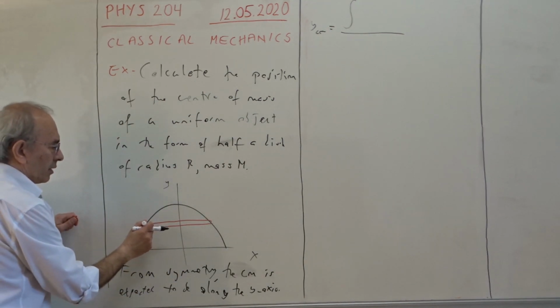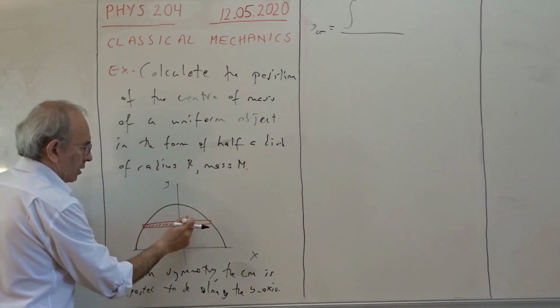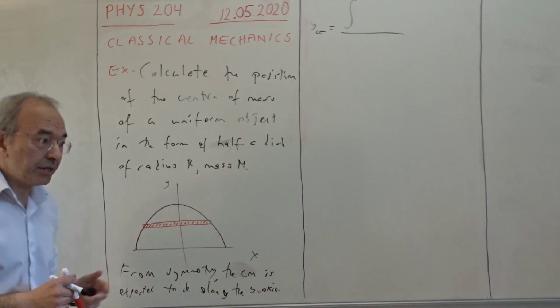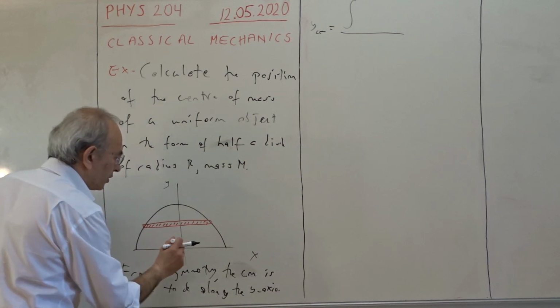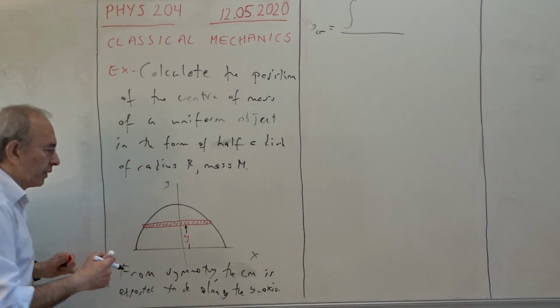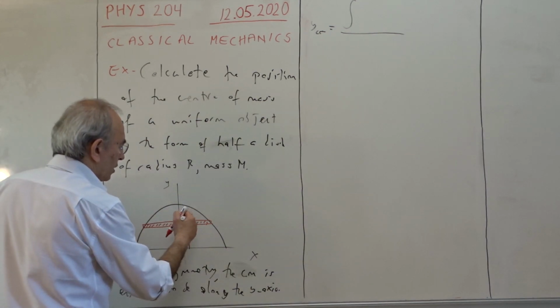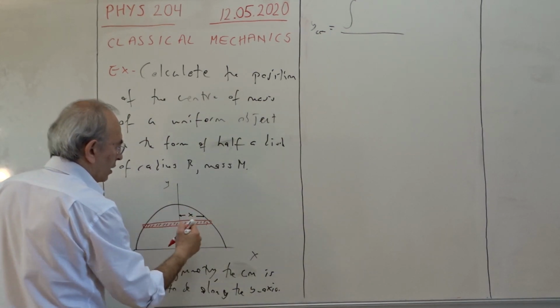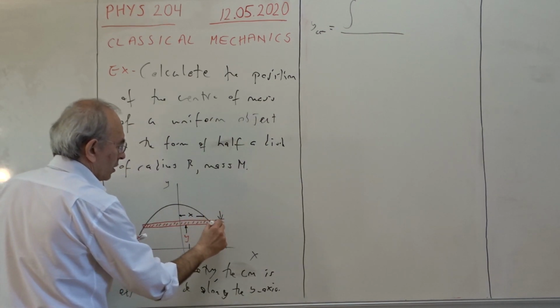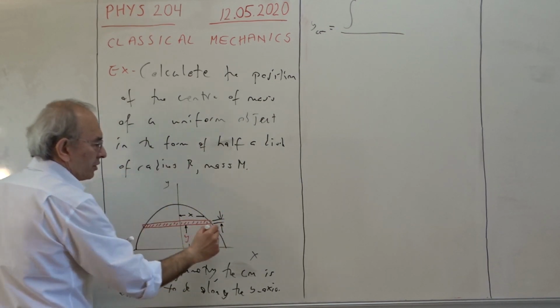What are the characteristic parameters of this mass element? This quantity from the x-axis is y, and this quantity is x, and the thickness is dy.